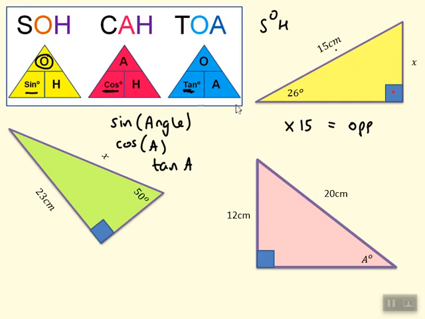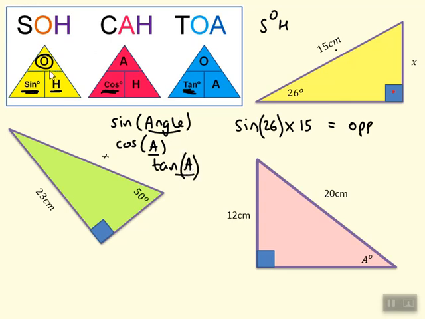So we have to do the hypotenuse times sine of the angle we're working with, so sine of 26 degrees. Another important thing is that when you use the sine, cos and tan button, always put a bracket round the angle. Otherwise you can make a mistake and you'll get the wrong result. So it's sine of an angle, cos of an angle, or tan of an angle, and always put a bracket round that angle.